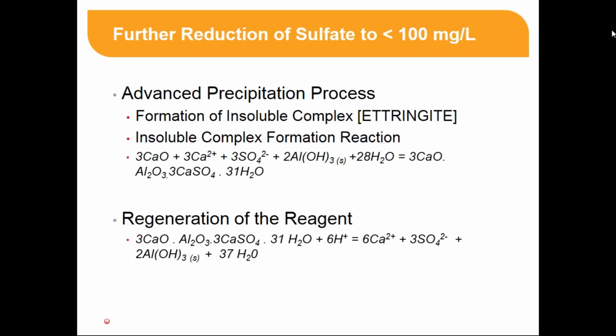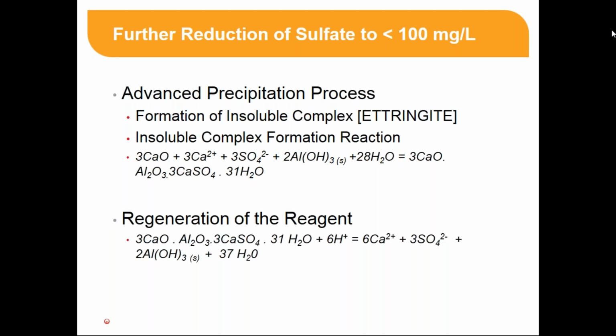So in order to reduce sulfates further down to 100 milligram per liter, we need to go to an advanced precipitation process, which is also called the ettringite process. I already talked about what an ettringite reaction is and also the regeneration of the reagent. It's lime plus calcium plus sulfate plus a reagent of aluminum, and with water molecules it forms this insoluble complex, ettringite, or calcium sulfoaluminate.